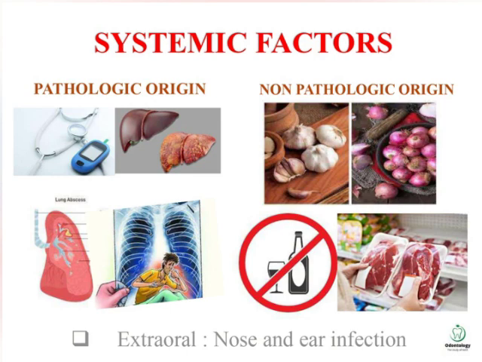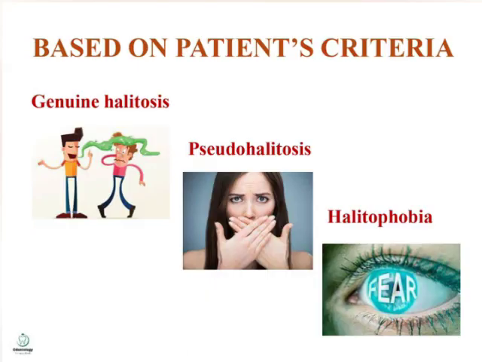Moving on to the classification based on patient's criteria. It is divided into three types as I said earlier: genuine halitosis, pseudo-halitosis and halitophobia. Genuine halitosis is when the breath malodor really exists and it can be diagnosed organoleptically or by the measurement of the responsible components.